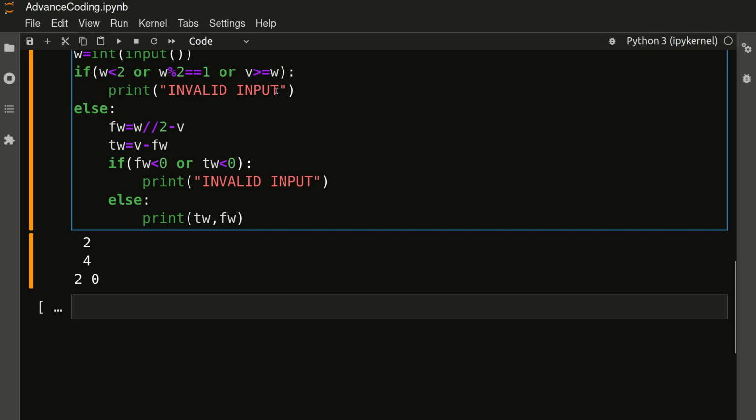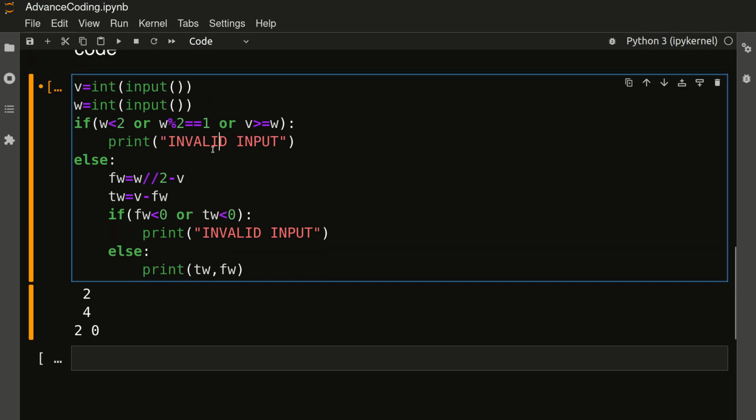Similarly, in case of invalid input, if it is given that it should be in capital letters, then it should be. If you write invalid in small letters, it will be wrong, because they are checking the exact output. If there is one space after invalid, then you have to give one space as well.